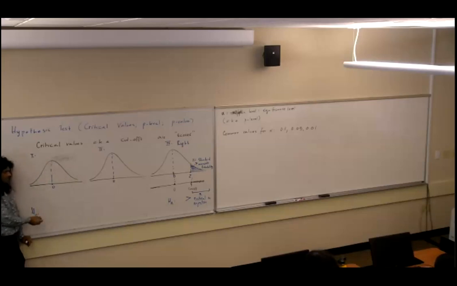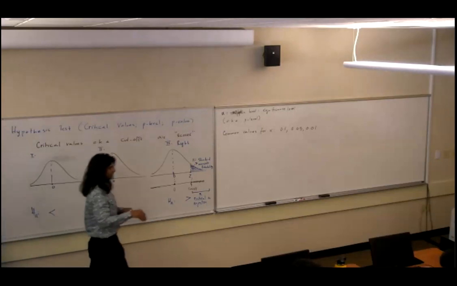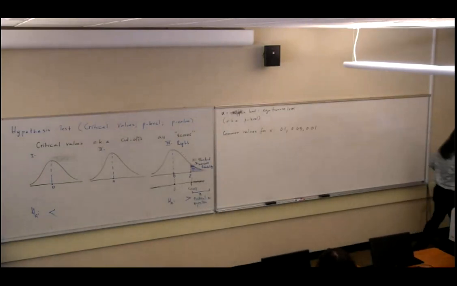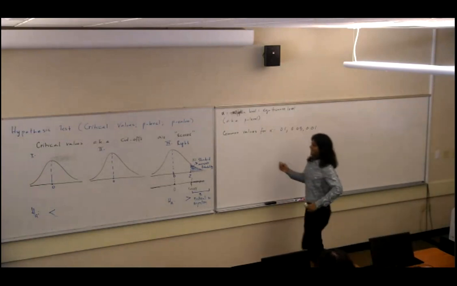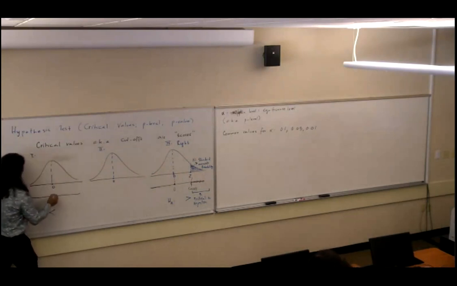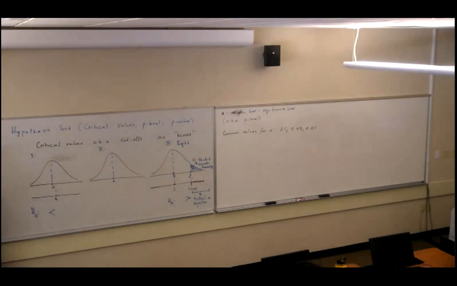So what sign should I put down? Less than. Good. On which side should the critical region be? Right hand side, left hand side? Left. We've got to go as far as possible away from 0 towards negative infinity, to have as little of an overlap as possible.